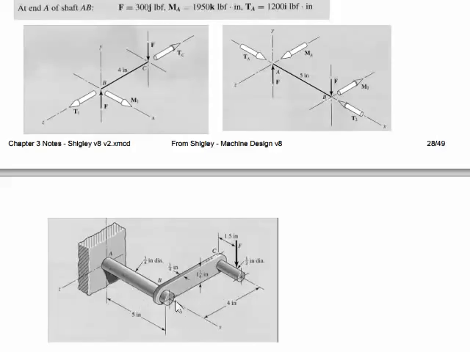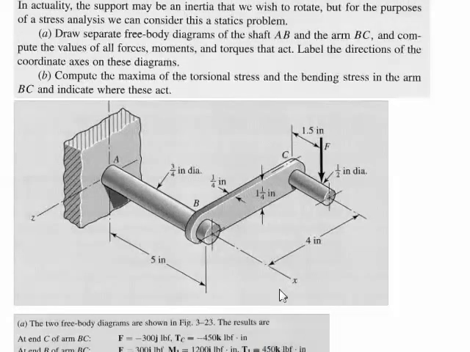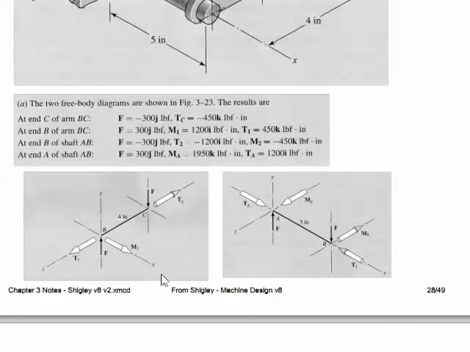That moment would be the 300 pounds times this overall length, which is 4 inches, so that moment would be 1,200 pound-inches, called MB. Okay, and so that takes care of the free body diagram of section BC only.